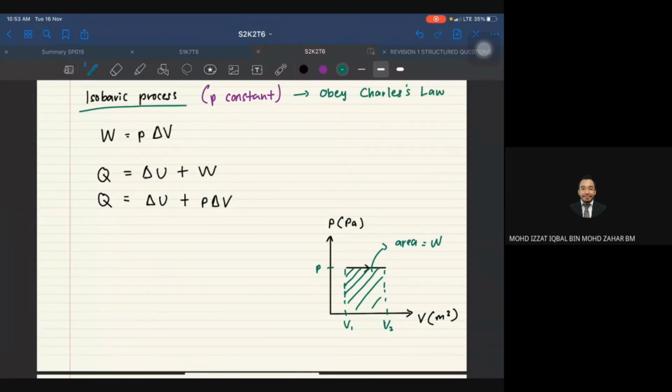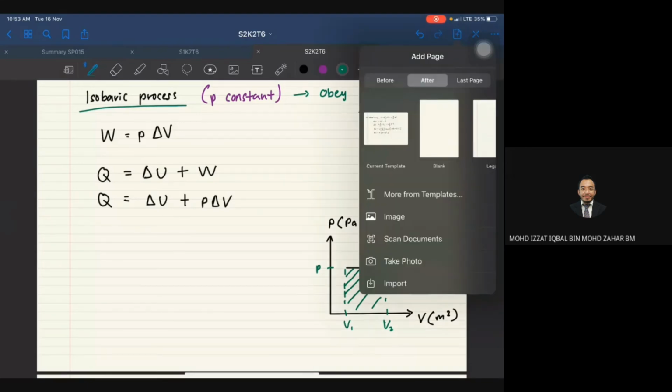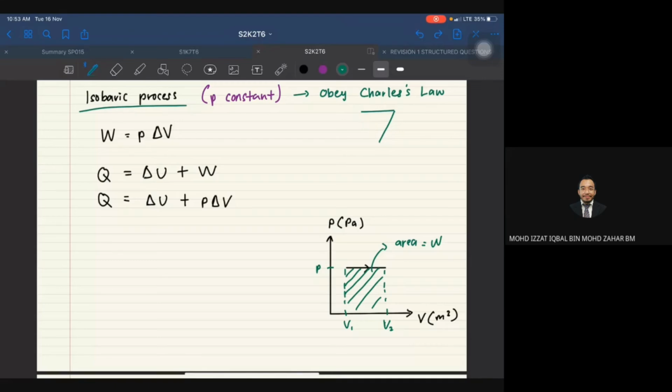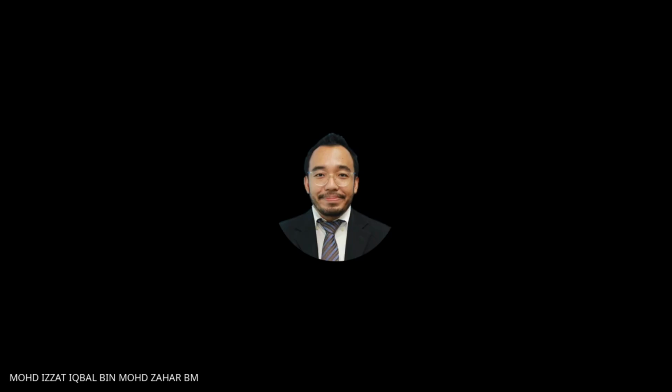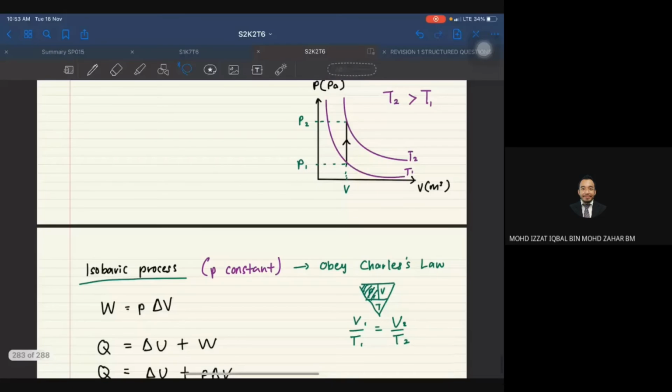Okay, and again from the triangle itself, PVT, kalau P constant, you will have V over T equals to V over T. Okay, again you expect to have two values for the temperature.